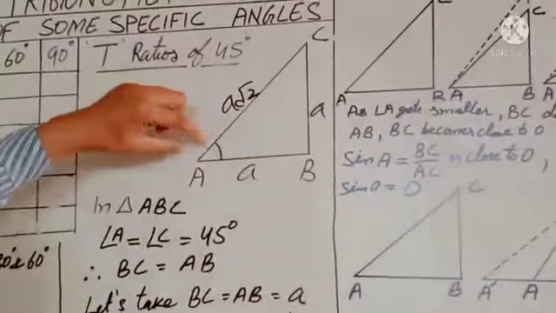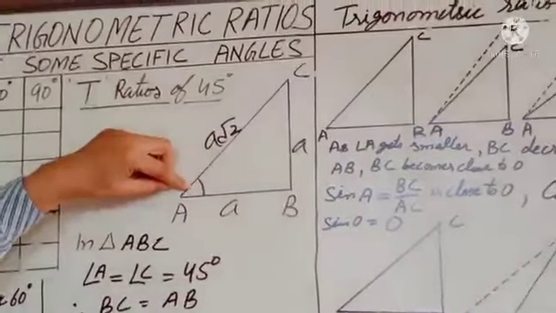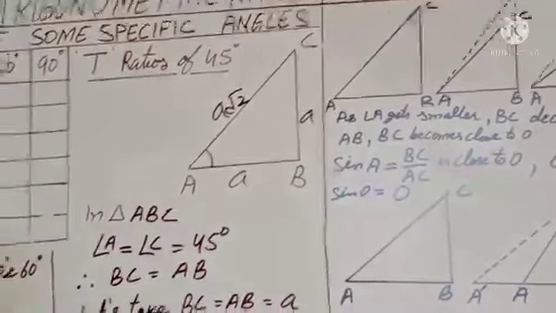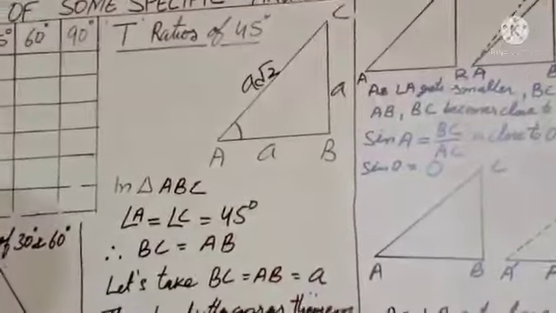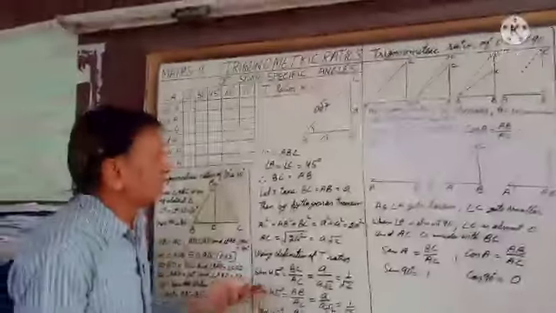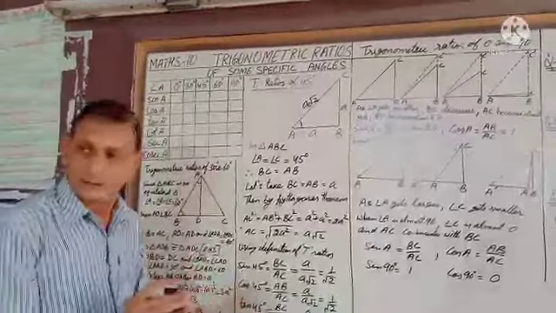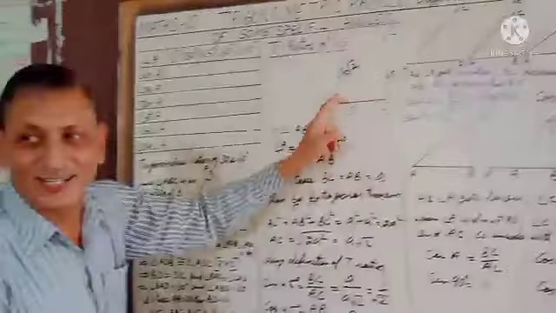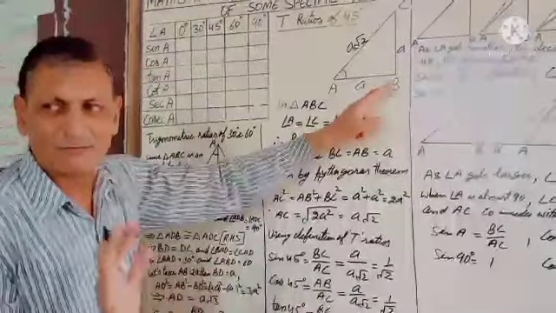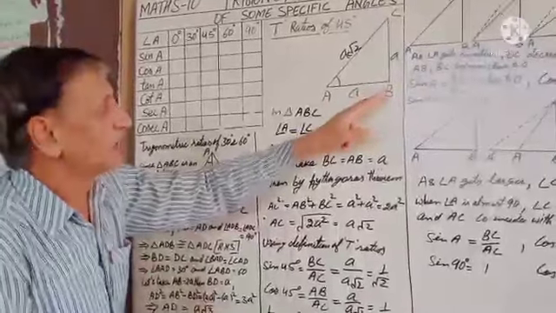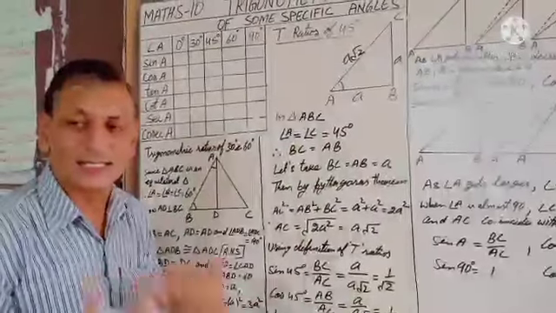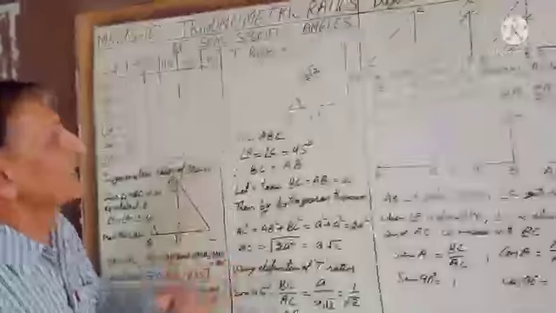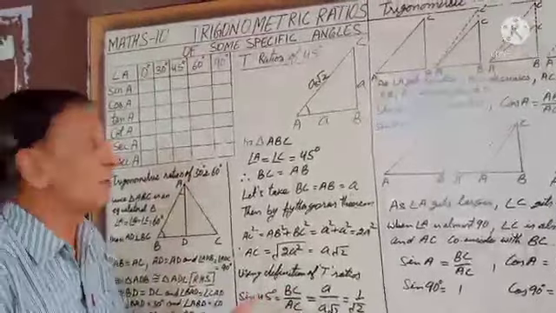Taking sin 45 by the definition of the T ratios, the definition says, in the ratio of the sides, you have been in the habit of saying perpendicular upon base, which is wrong to say now. We have been saying it in class 6, 7, 8, but it will not be appropriate. So let's start a new system of calling.